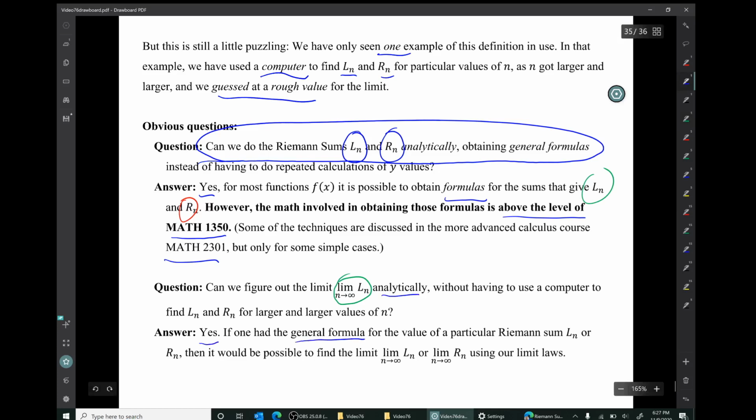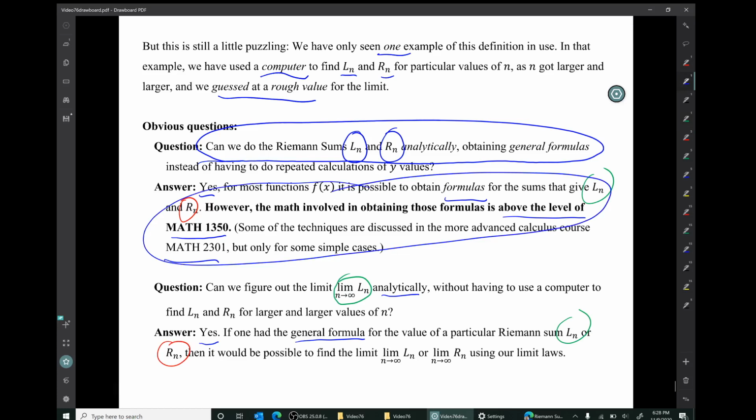If we had the general formula for the value of the particular Riemann sum, Ln or Rn, the formula mentioned above, the idea that it is possible to get formulas that give you the values of these sums, then we could find its limit. Use that formula, find the limit of that formula, and you'd have the value of the signed area. We would use our limit laws to do that.